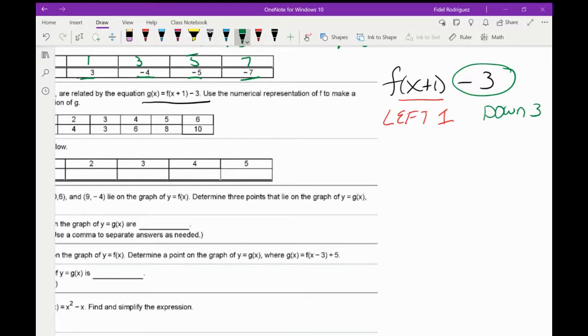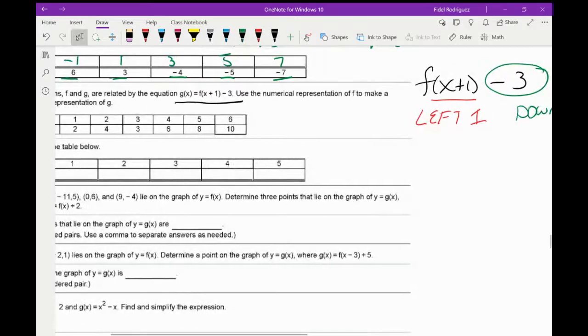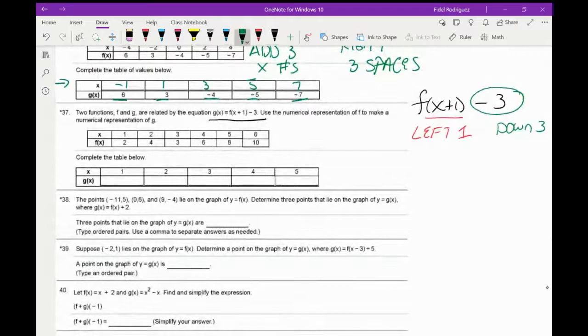Okay, so what I'm going to do now is make a little table here with g of x, because this is my g of x. All right.